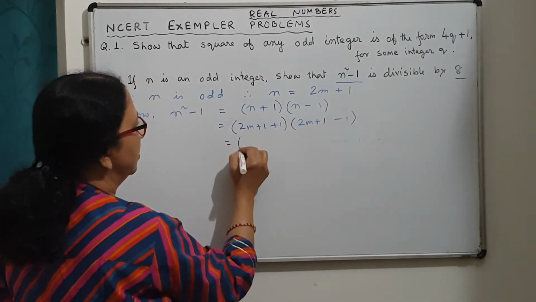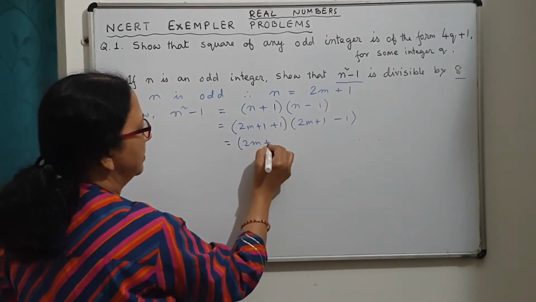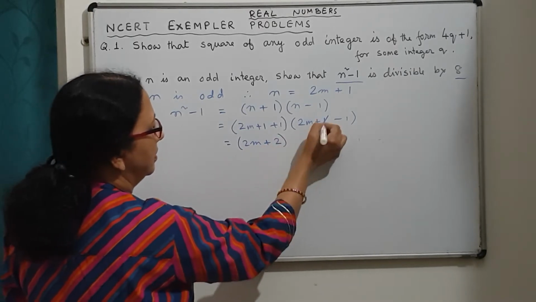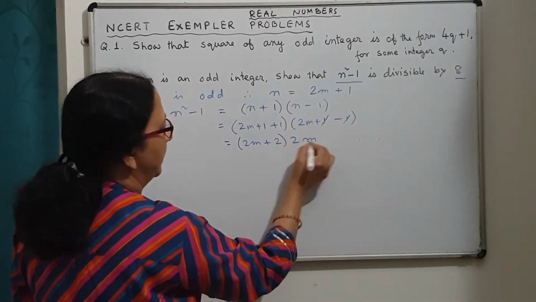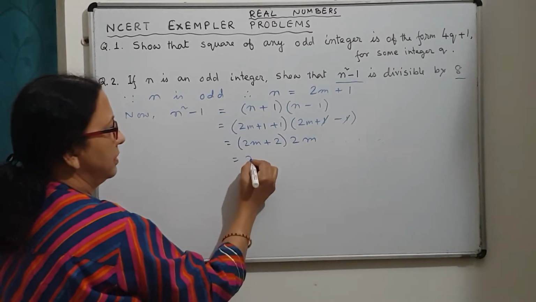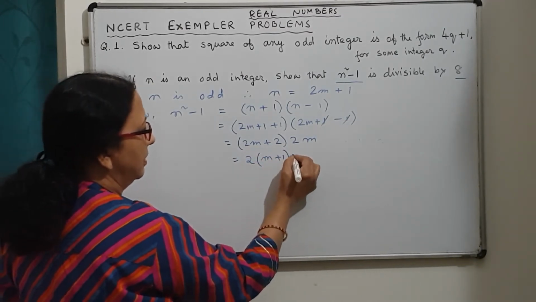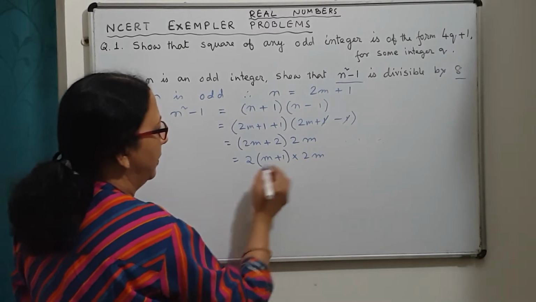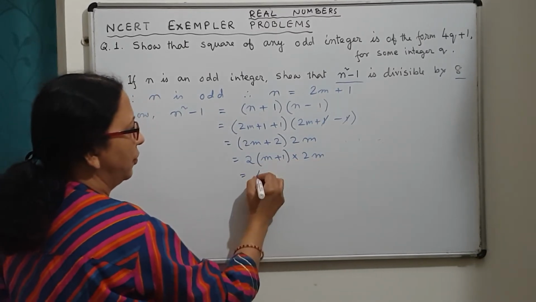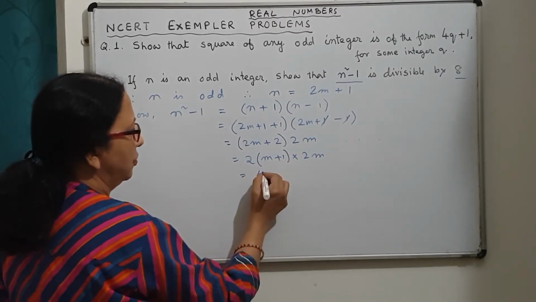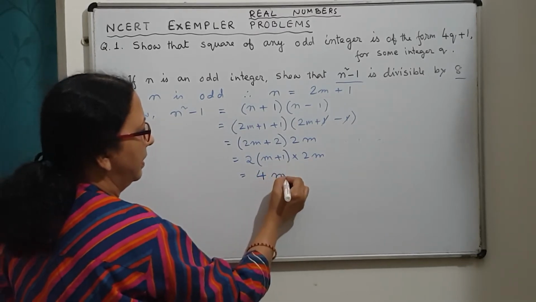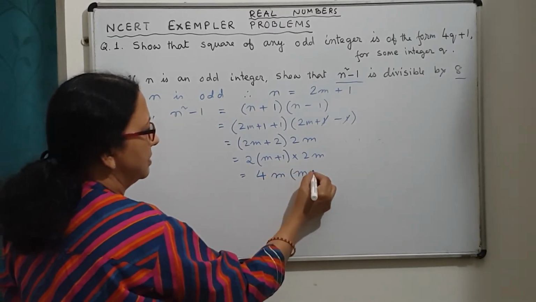So it is (2m plus 2) and 2m. If I take 2 common here, it is 2(m plus 1) into 2m, or 2 into 2 is 4, then m into (m plus 1).